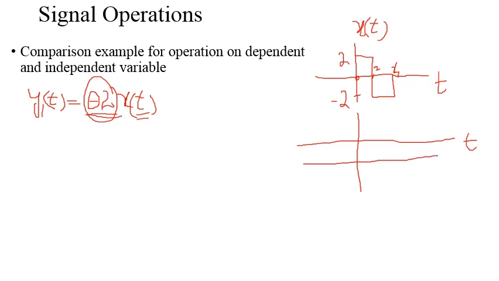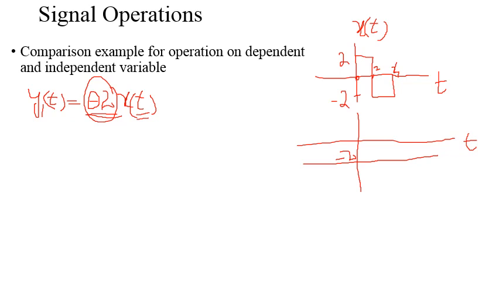This is your minus 2, right? So this minus 2 is a constant, so that means it exists on all values of t. That means this is minus 2 from minus infinity up to infinity.